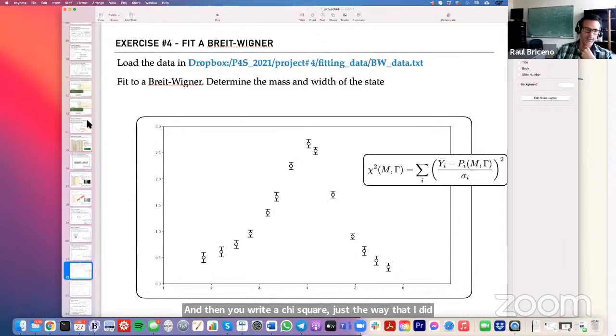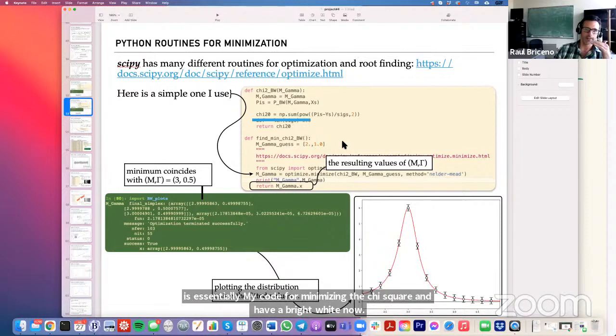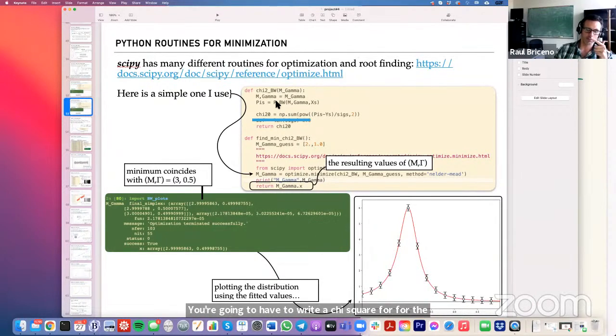In fact, you have essentially a picture of my code for minimizing the chi-squared of a Breit-Wigner. You're going to have to write a chi-squared for the constant, for the linear case, and then for the Breit-Wigner. You're going to need 3 different chi-squares, and you're going to need 3 different minimization routines. You can make things that are more complicated, but that's the simplest way to do it. Just write 1 for each case.